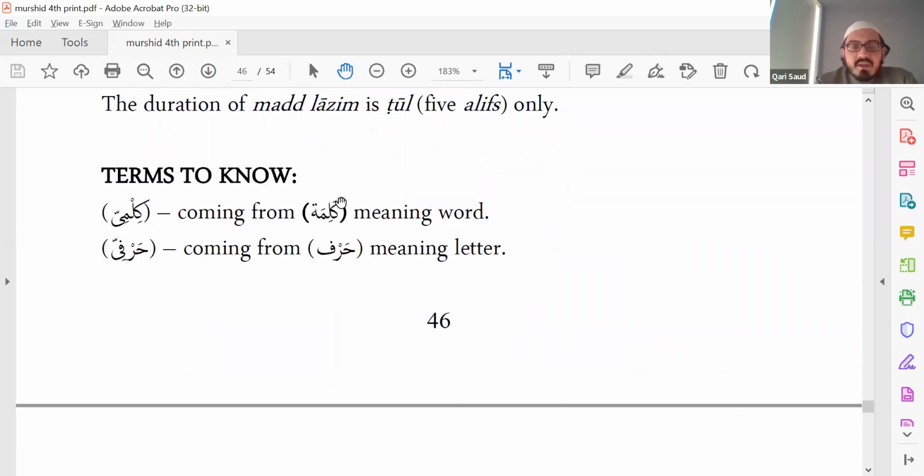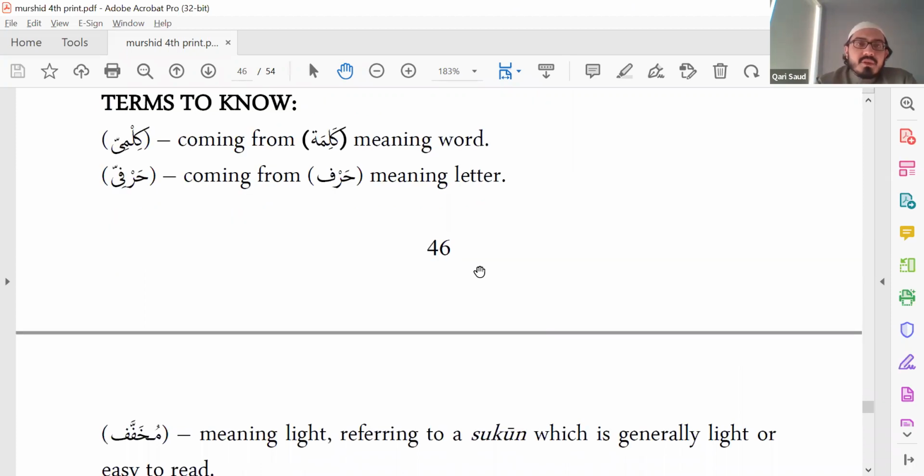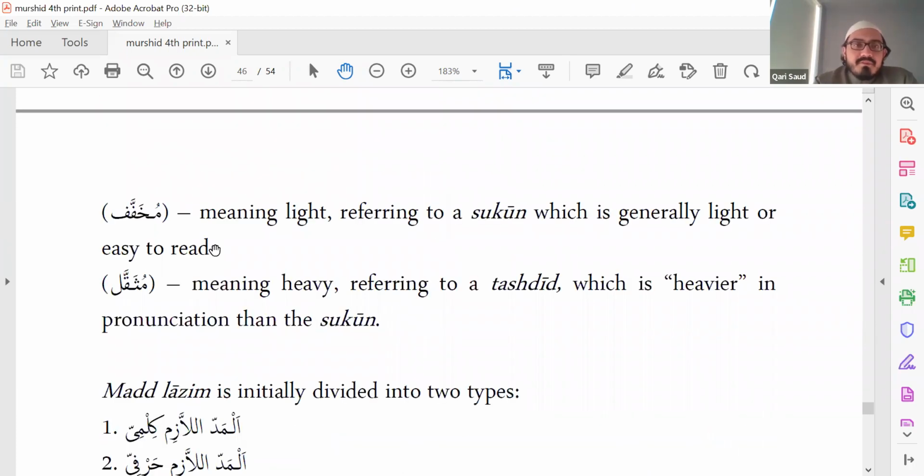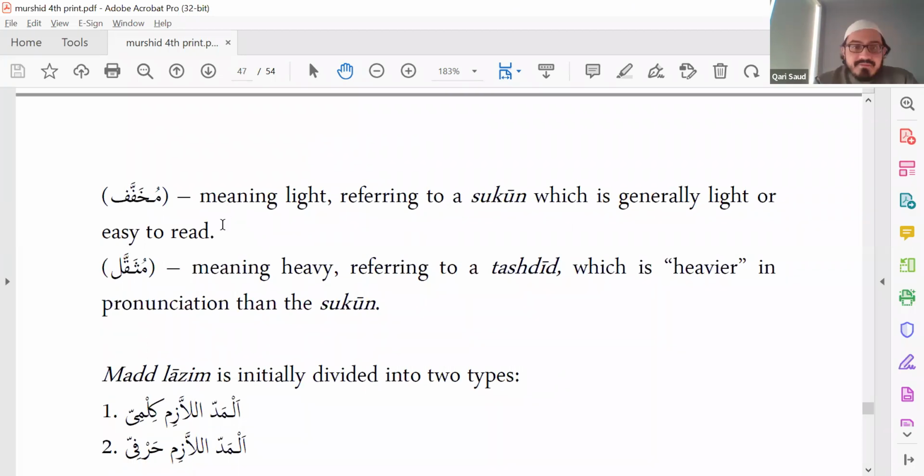Kilmi comes from the word kalima, which means a word. Harfi comes from the word harf, which means a letter. So kilmi, kalima, harfi, harf, word and letter. Mukhaffaf comes from the word khafif, which means light, referring to a sukun, which is generally light or easy to read.